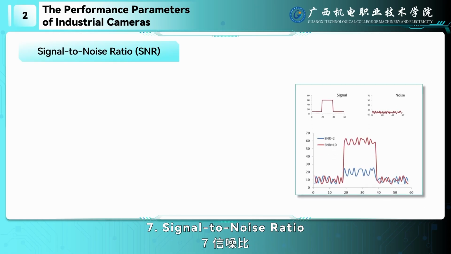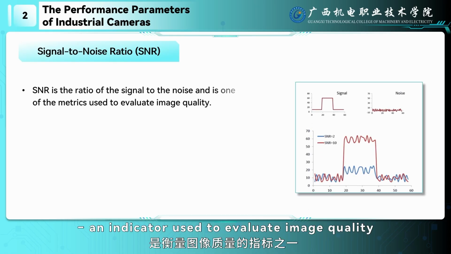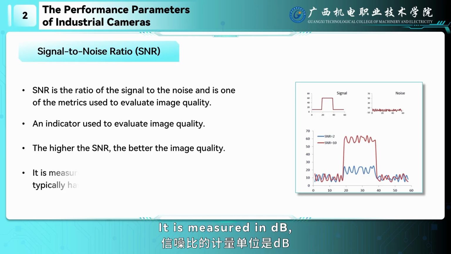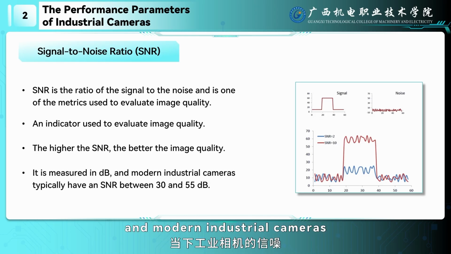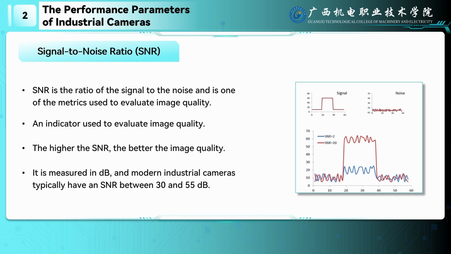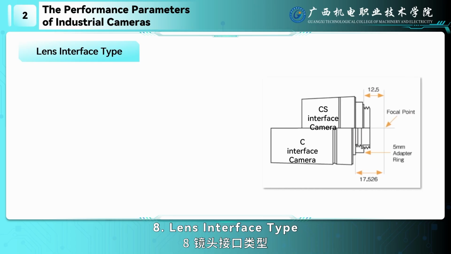7. Signal-to-noise ratio, an indicator used to evaluate image quality. The higher the SNR, the better the image quality. It is measured in decibels, and modern industrial cameras typically have an SNR between 30 and 55 decibels. 8. Lens interface type.